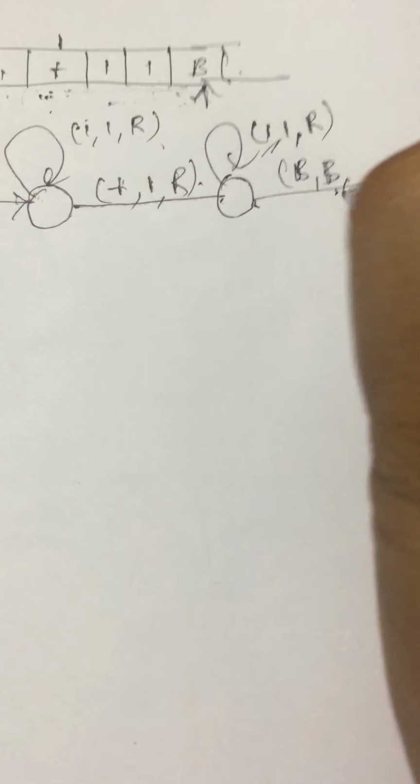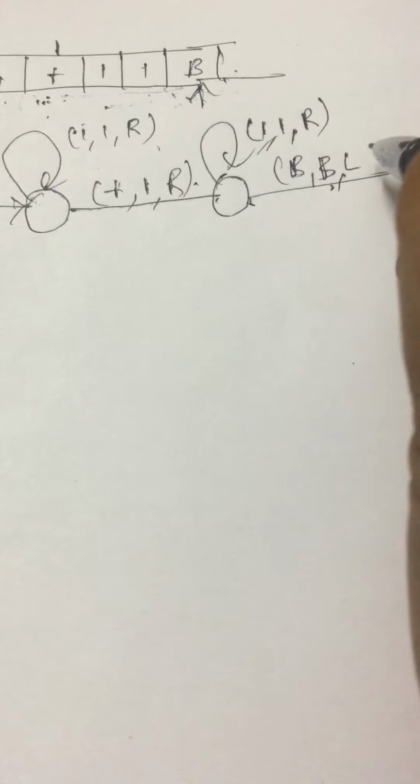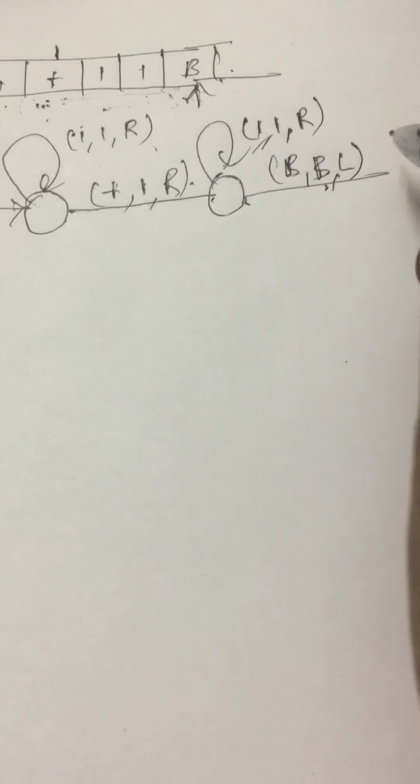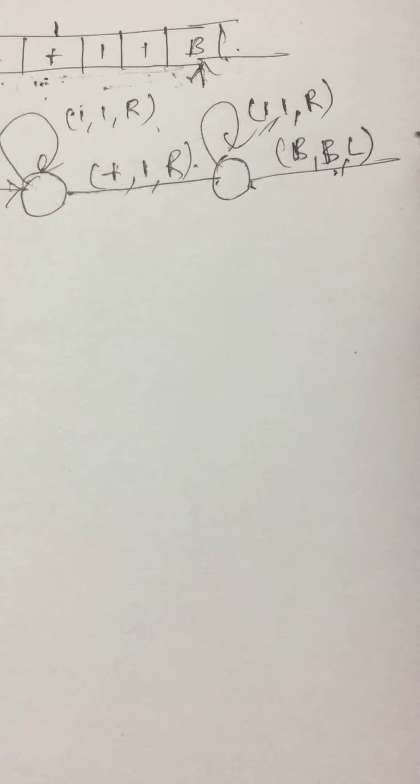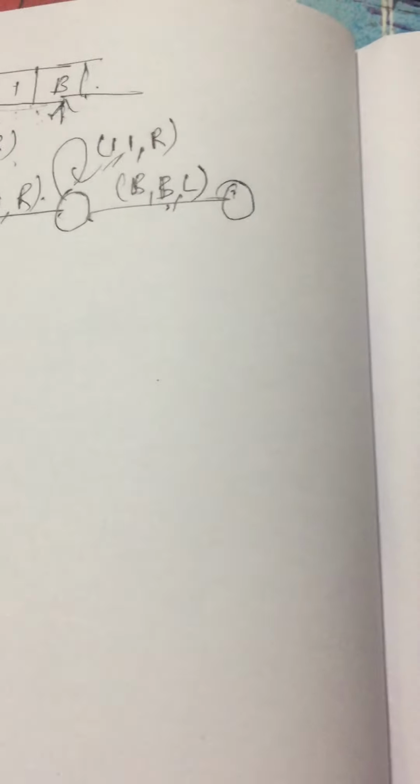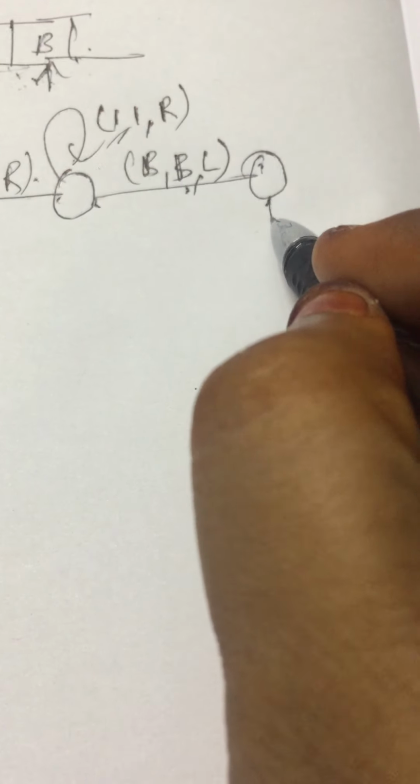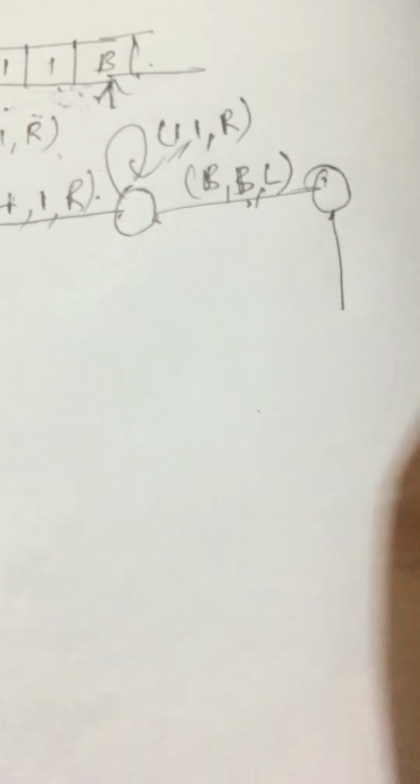But from the blank symbol, in which direction do we need to move? We need to move to the left direction. So after moving to the left direction, what should we do? This 1 has to be converted to blank symbol.